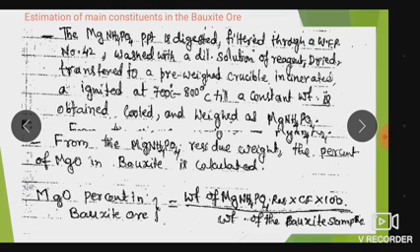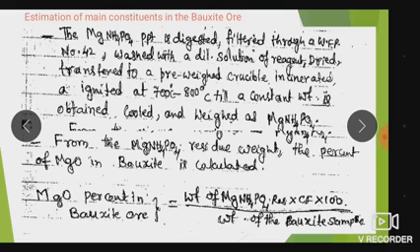number 42, washed with a dilute solution of reagent, dried, transferred to a pre-weighed crucible, incinerated, ignited at about 700 to 800 degrees Celsius till a constant weight is obtained, cooled and weighed as magnesium pyrophosphate.